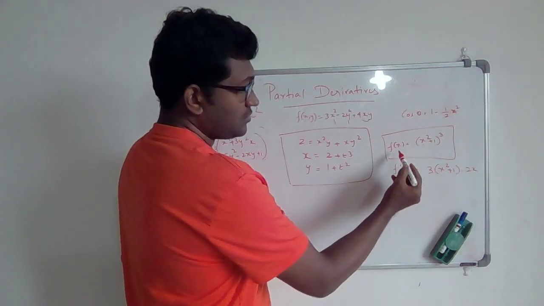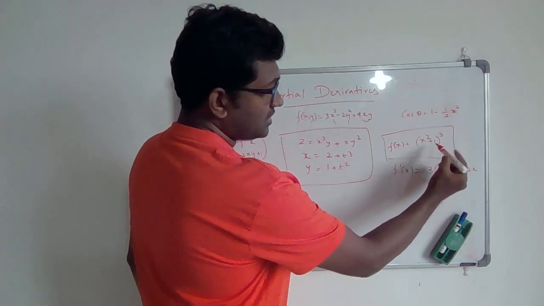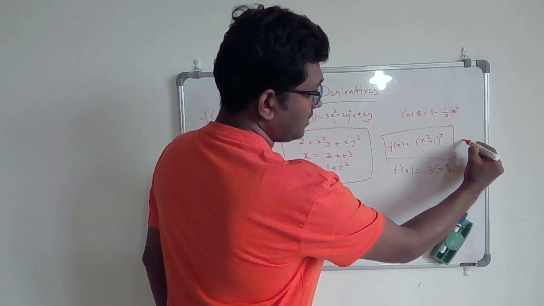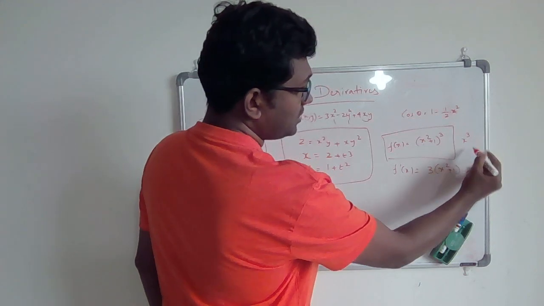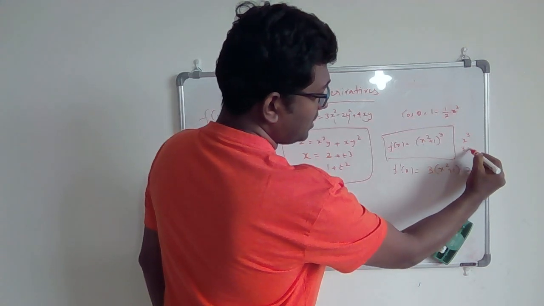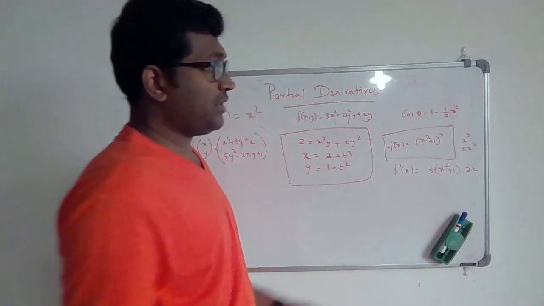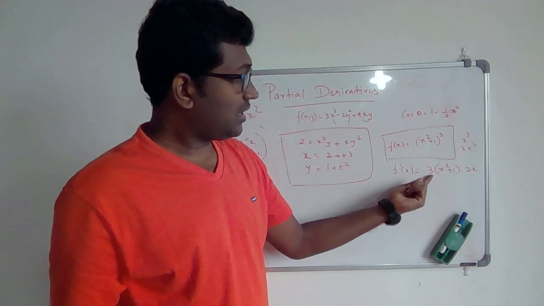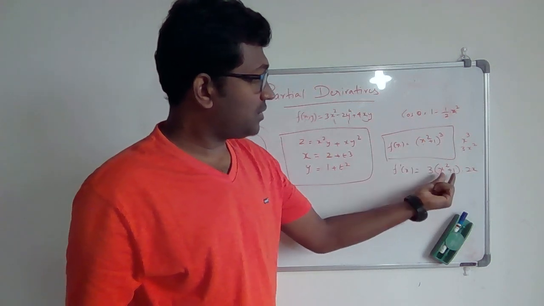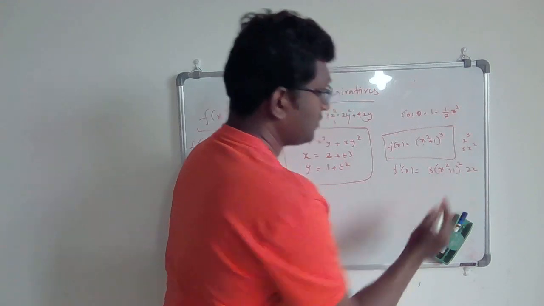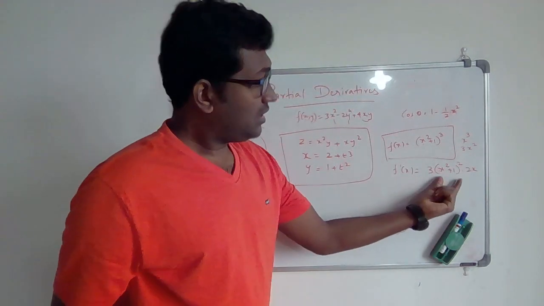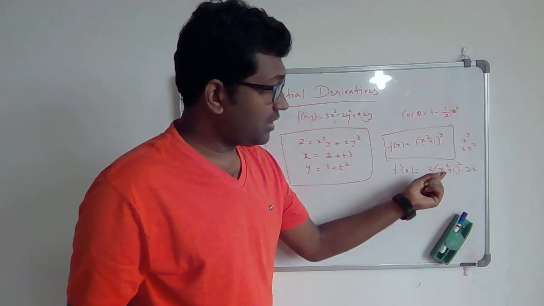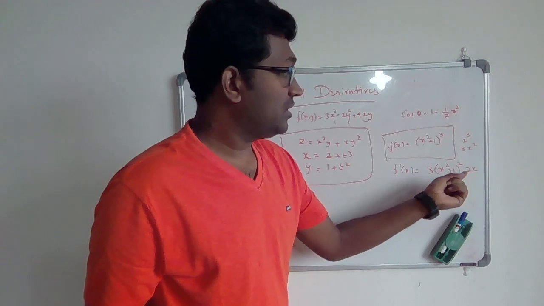Let's assume that the entire x squared plus 1 is something like x, and you have just cube. You take 3 here, and it becomes 3x squared, right? That's how you do it when you have just x cube. Similarly, you take 3, and then this becomes x squared plus 1 the whole square. And after you do that, there is an x squared term inside, so we need to take a derivative of this term also, and it becomes dot 2x.